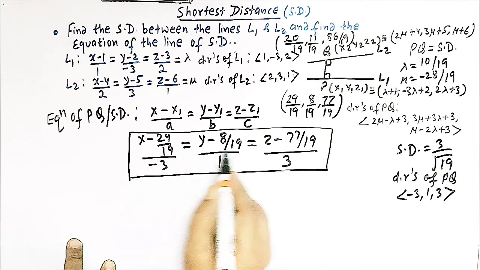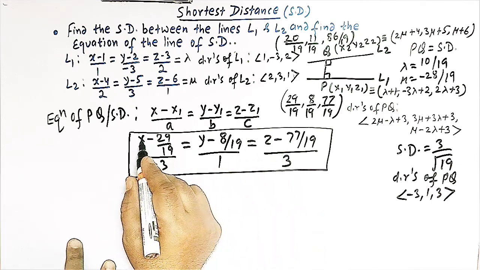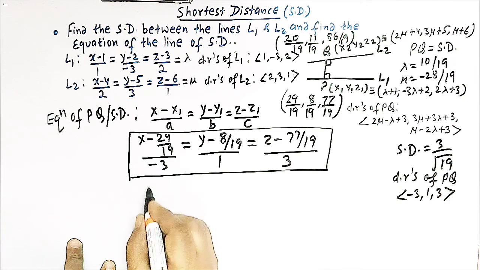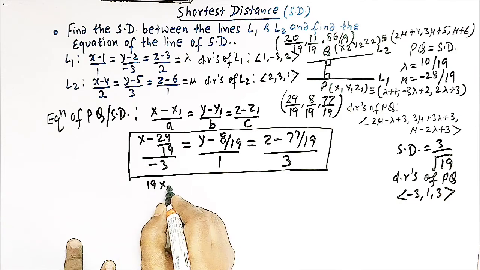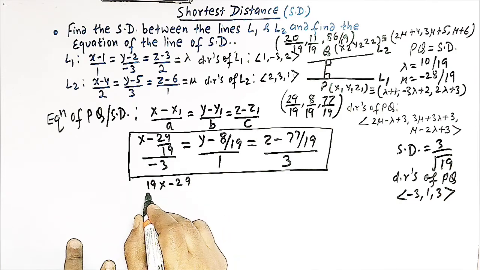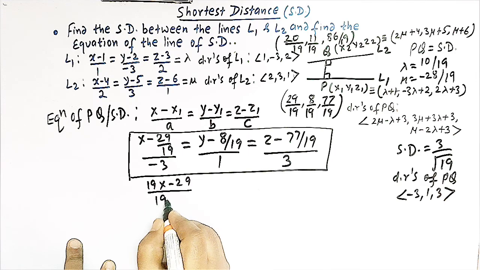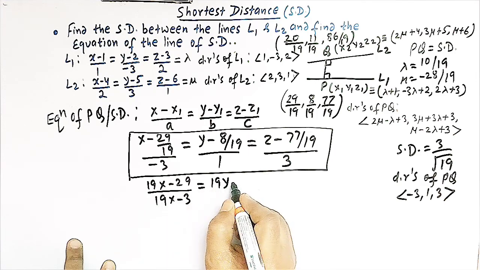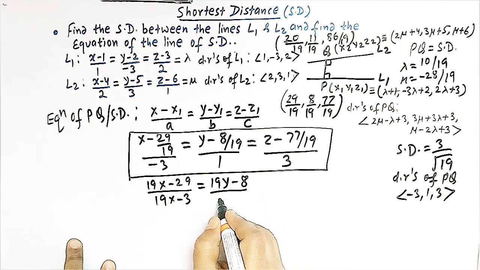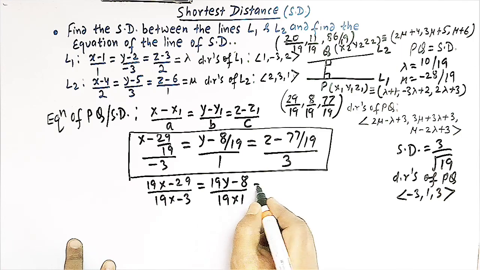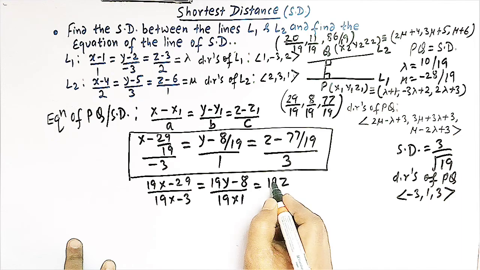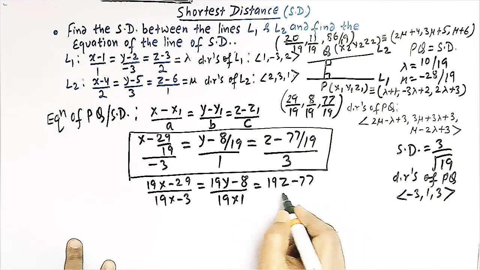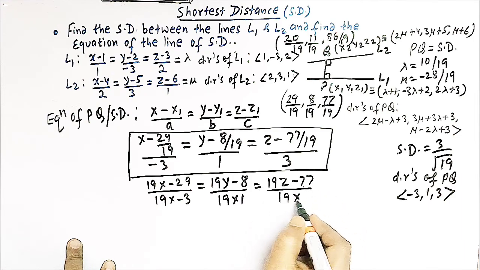Now we can also write this equation as 19x minus 29 divided by 19 times minus 3, then we have 19y minus 8 over 19 times 1, and then 19z minus 77 over 19 times 3.